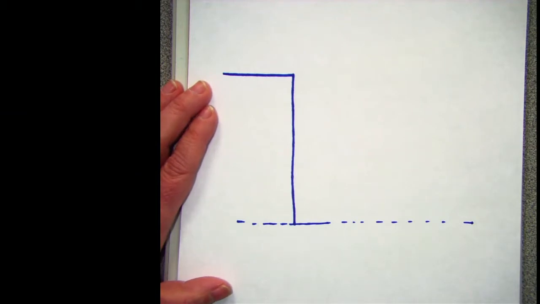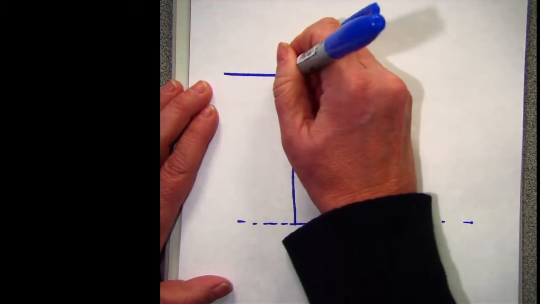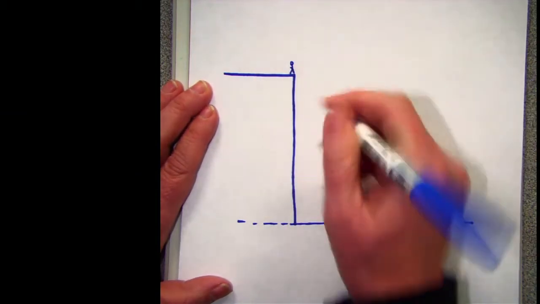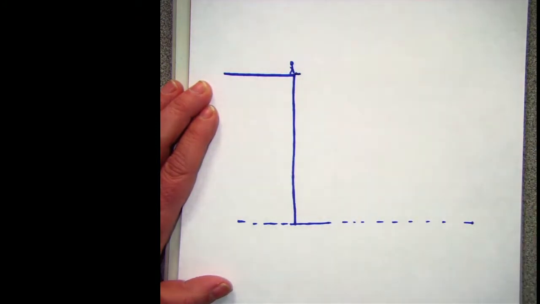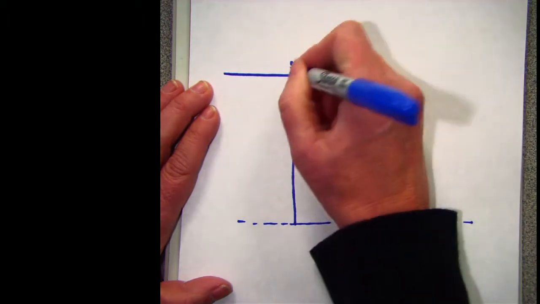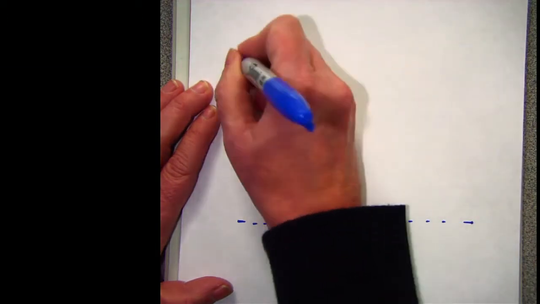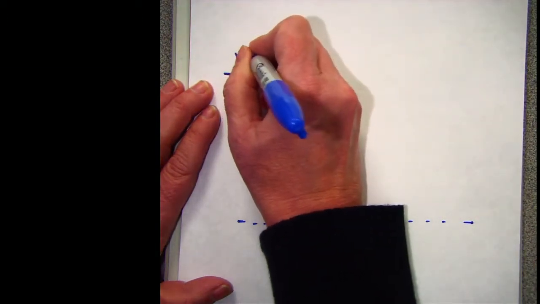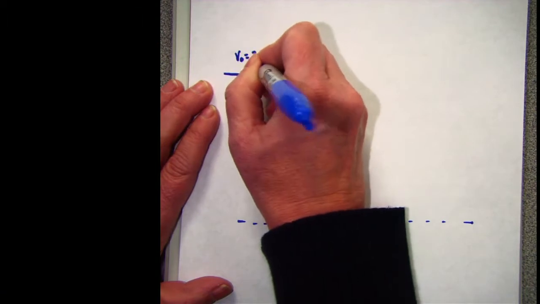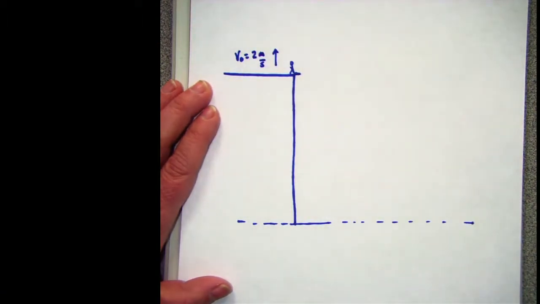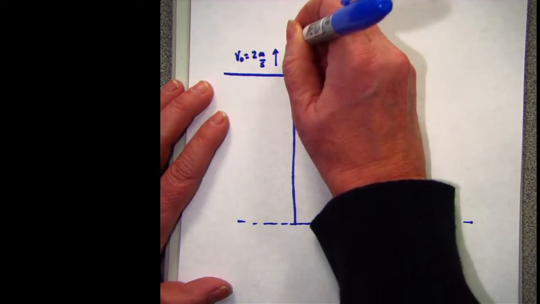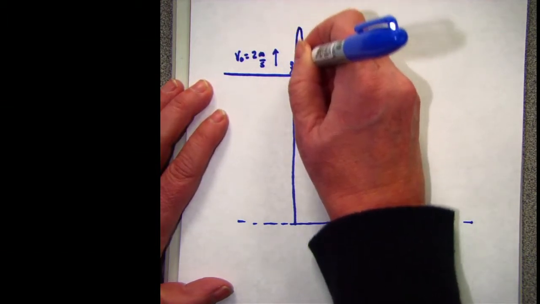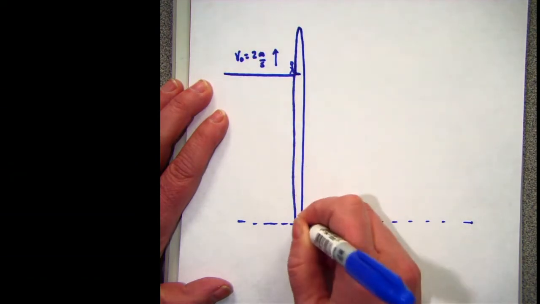So I've got my little person up here at the top, and we're going to toss a ball. We're going to measure the ball from the edge of the building, and toss the ball up with an initial velocity of 2 meters per second. It's going to go up, just miss catching it, and fall all the way down here.